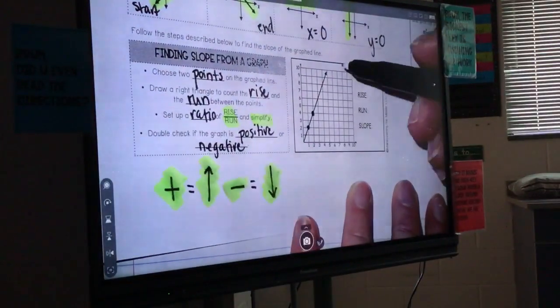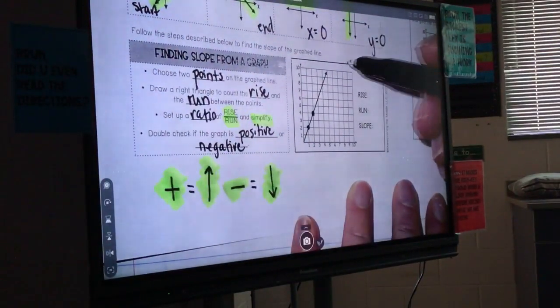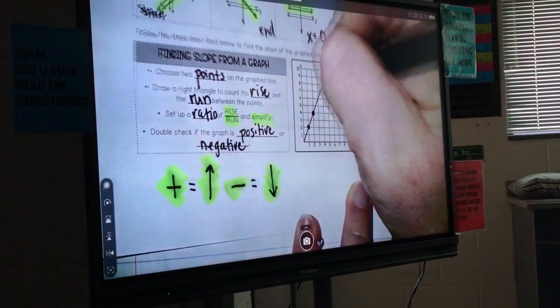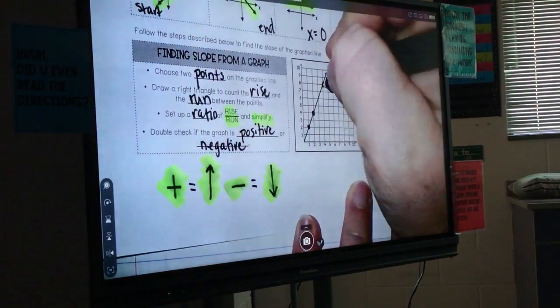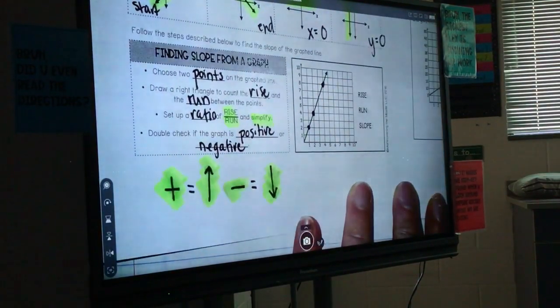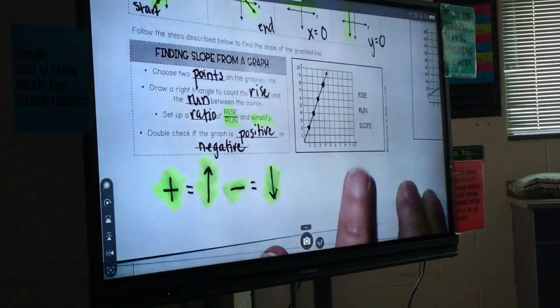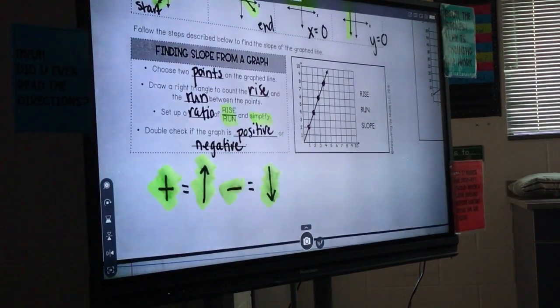I need y'all to listen. Brielle, I didn't hear what you said. 4 over, 8 up. All right, someone else give me another point that falls on this line. 3 and 6. So any one of these points, we can find the slope.